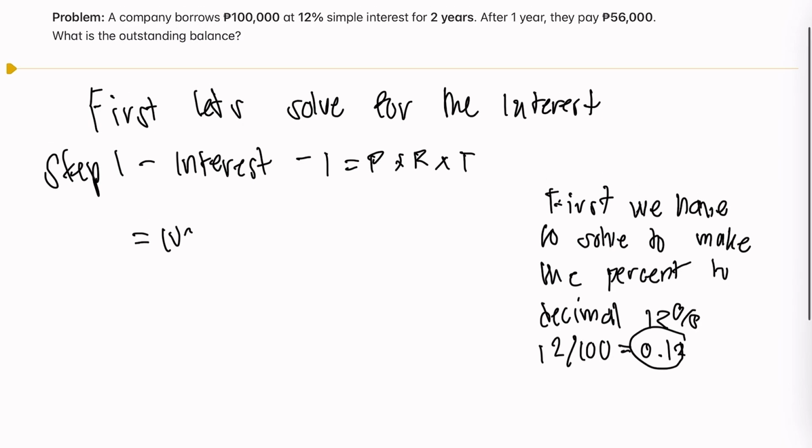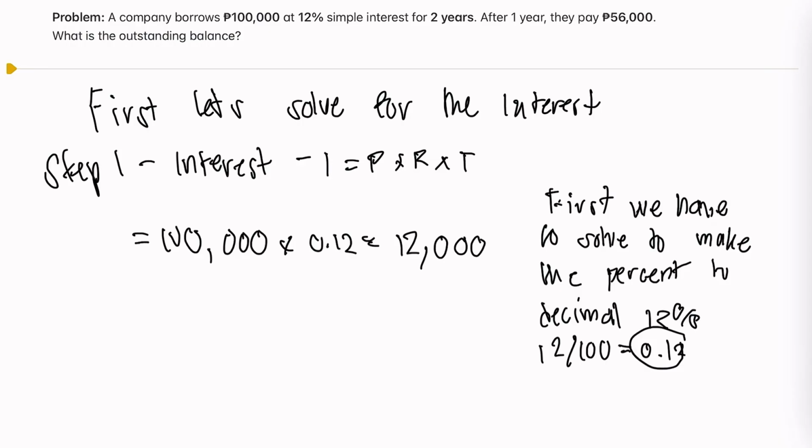So the value of P is 100,000 times our rate, which is 0.12, then equals 12,000.